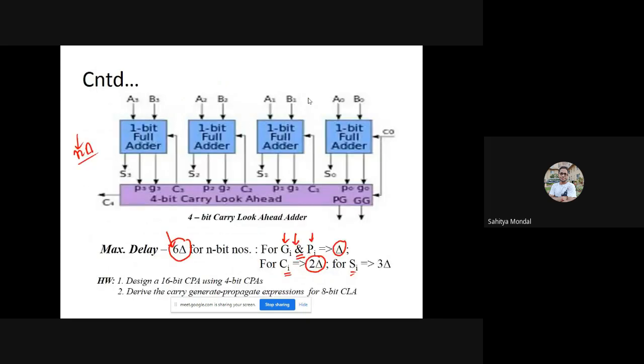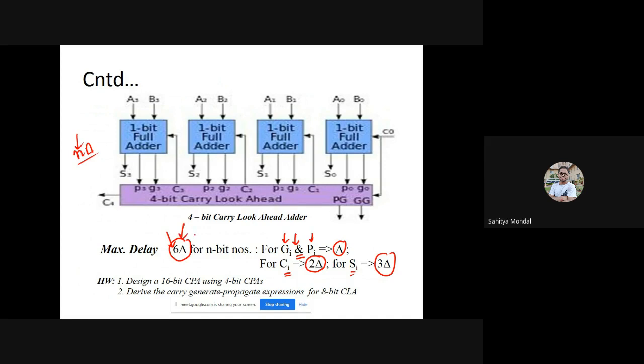If we break the XOR circuit, A B complement or A complement B, we require an AND circuit, a NOT circuit, and an OR circuit, right? Each circuit takes delta amount of time. So total time will be 3 delta. So if we sum them, a 6 delta amount of time will be required.